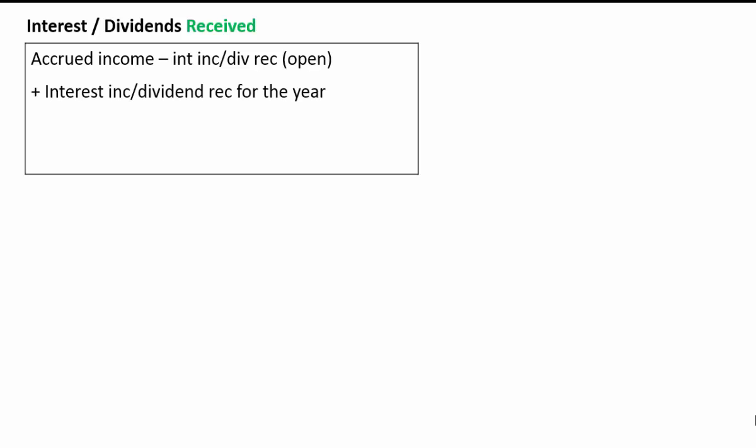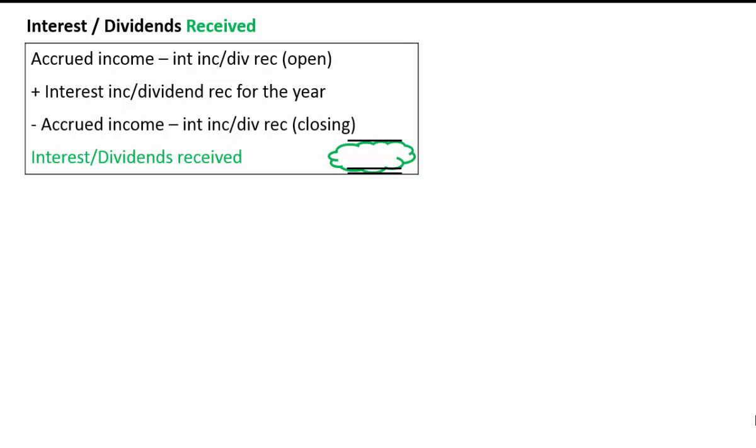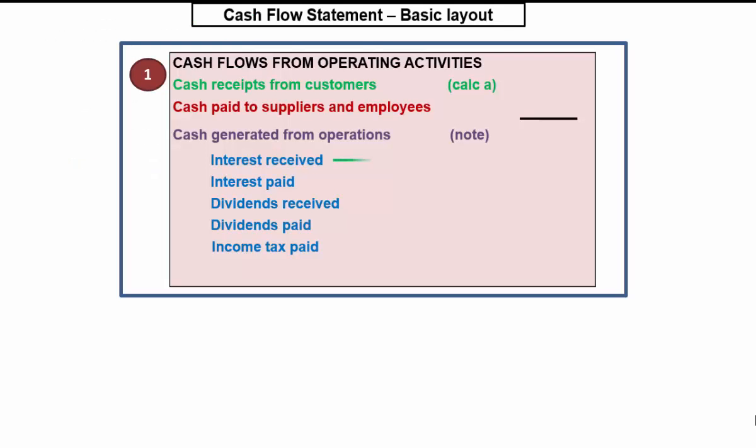You will add any interest or dividends received during the year, that which appears on the income statement, and you will subtract any accrued income for that interest or dividends received at the end of the year, because you have not yet received that. When you total this, you will get the total amount for interest or dividends received, and you will fill that in on the face of the cash flow statement without brackets because they are inflows. Interest and dividends received, inflow.